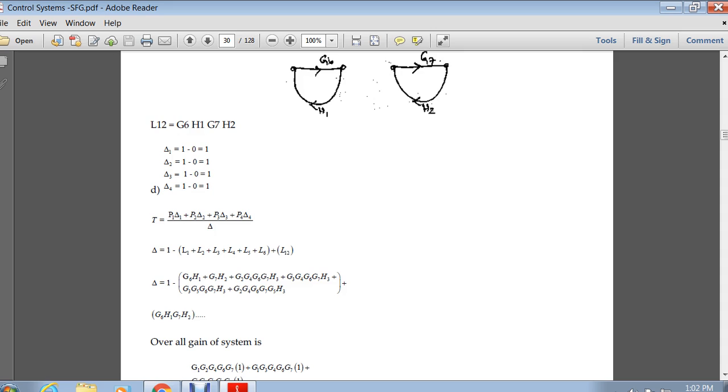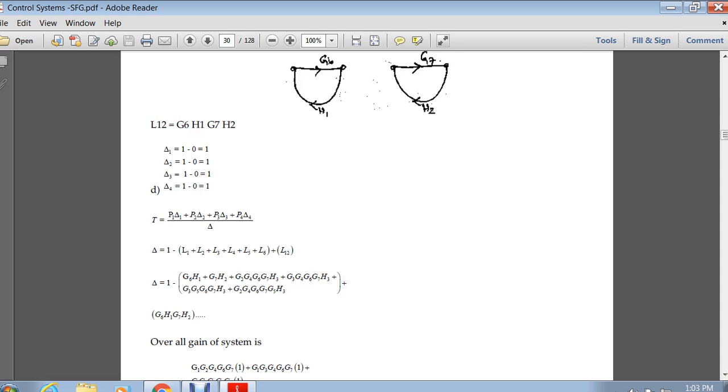From that we get 1 minus of L1, meaning G6H1, G7H2, G2 G4 G6 G7 H3 plus G4 G6 G7 H3 plus G3 G5 G6 G7 H3 plus G2 G4 G6 G7 G5 H3 and so on, plus non-touching loops. We have here only one possible combination of two non-touching loops, G6H1 and G7H2.